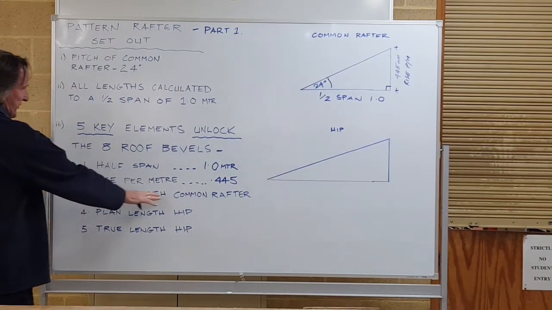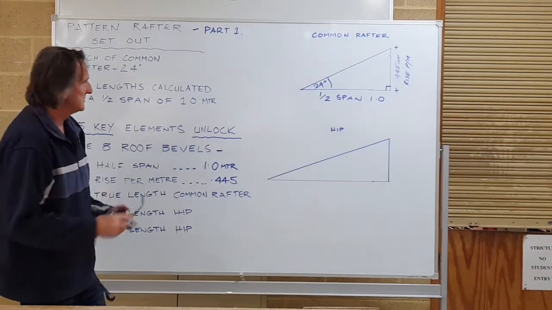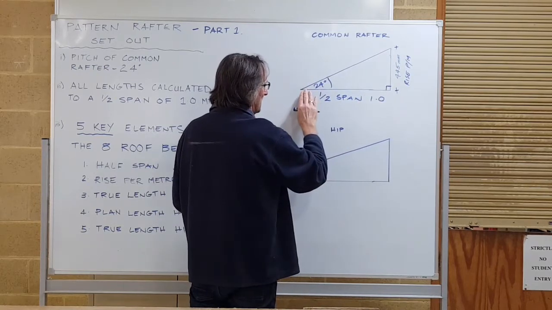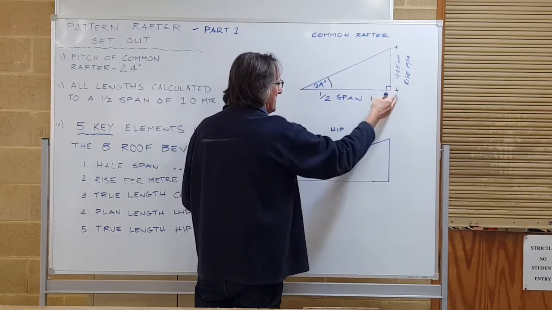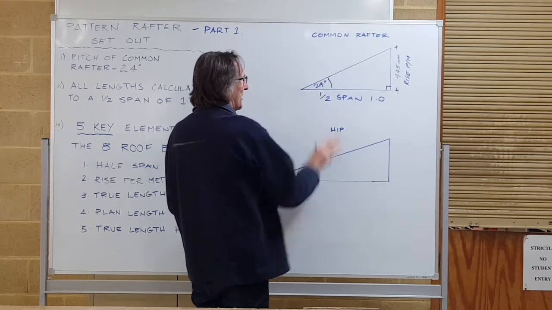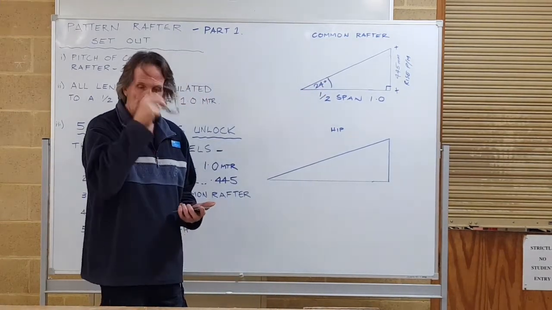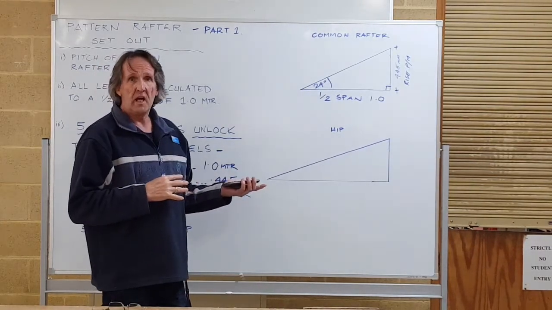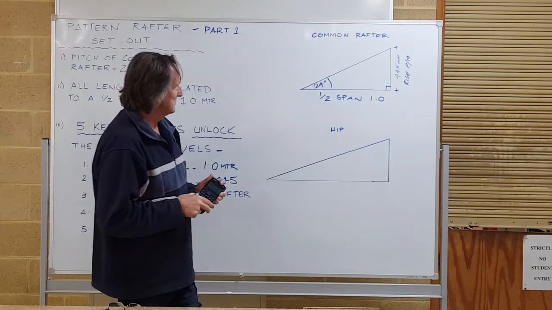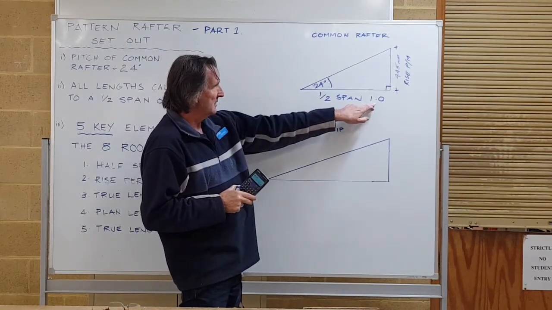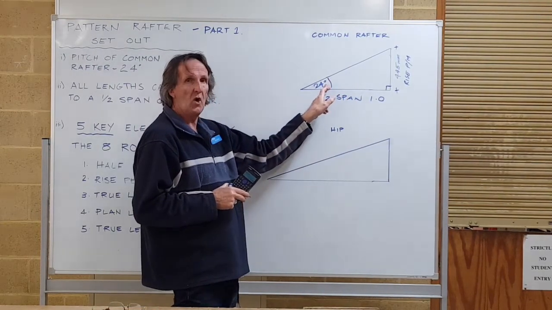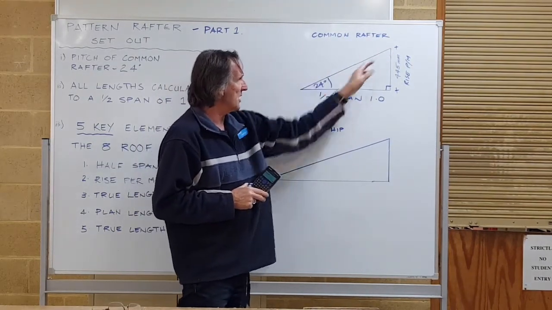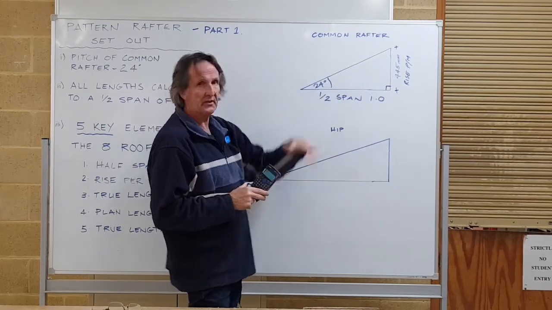The next component is the true length of the common rafter. The true length of the common rafter within that relationship of the 1 metre half span with the pump up at 24 degrees. We can just use the cos rule there. 1 metre divided by cos 24 will tell us exactly what that true length of the common rafter per metre is at that degree.